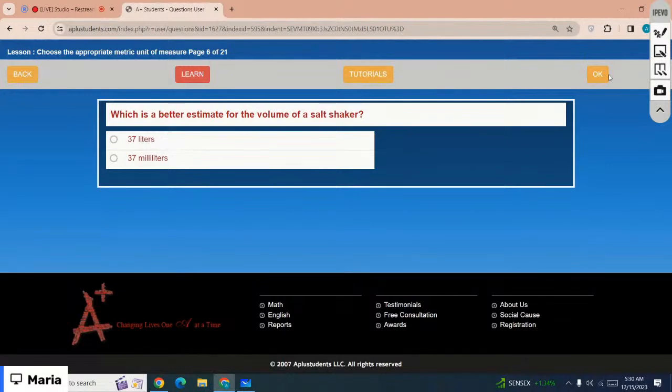Which is the correct option? Salt shaker it is, so it must be 37 milliliters, right? 37 liters is too large for the salt shaker.